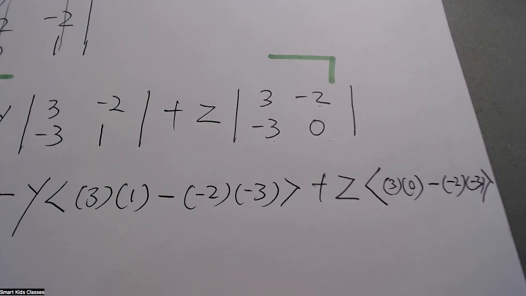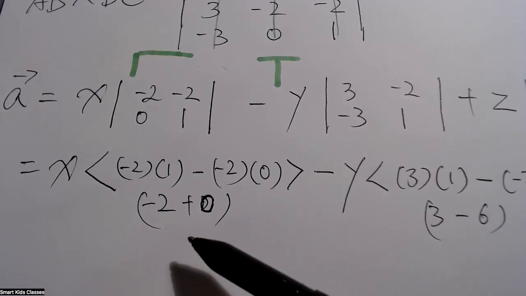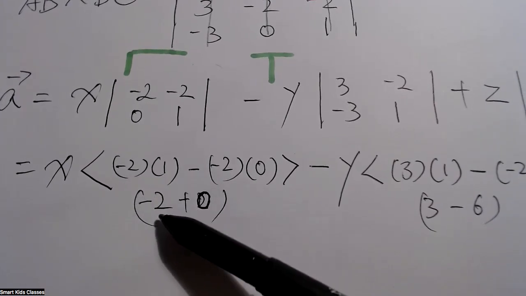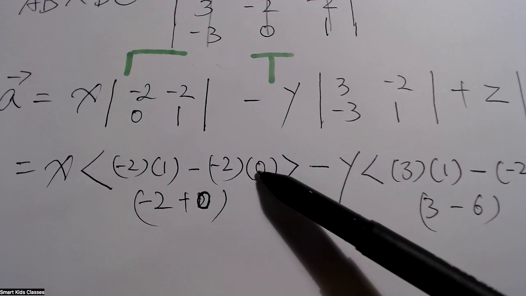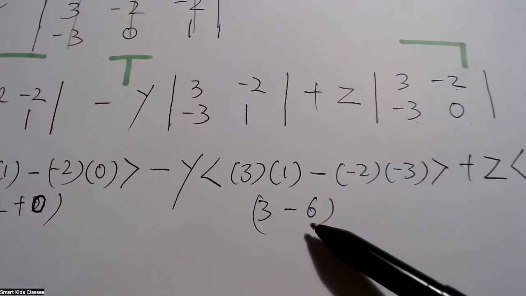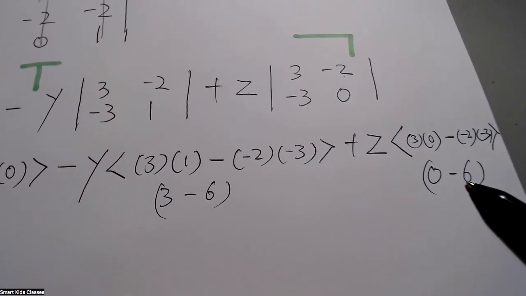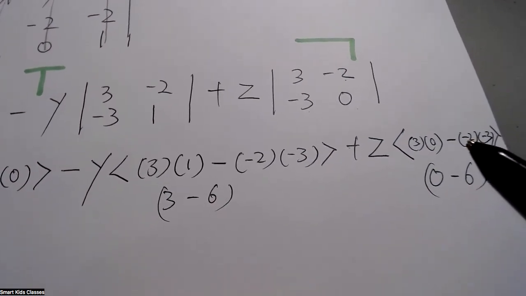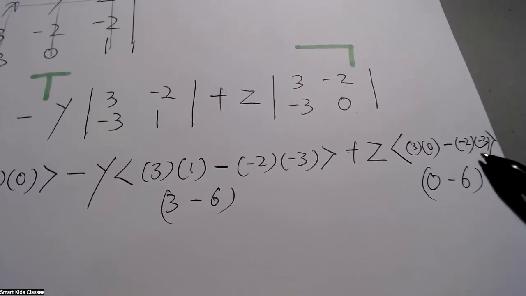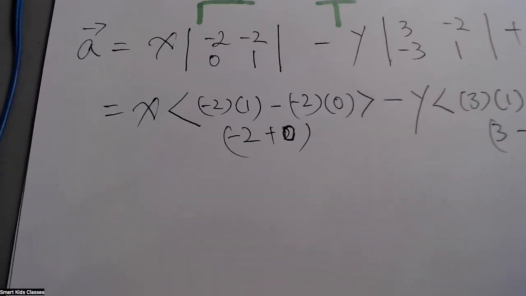Now let's do the calculation. I've done a small calculation here. -2 times 1 is -2. -2 times 0, we subtract, so we add 0 here. And then 3 minus 6, and 0 minus 6. So -2 times -3 is positive 6, times the sign. Now we're going to write the vector.